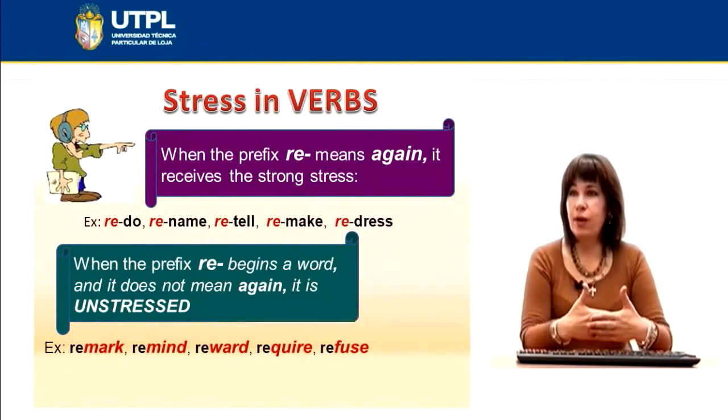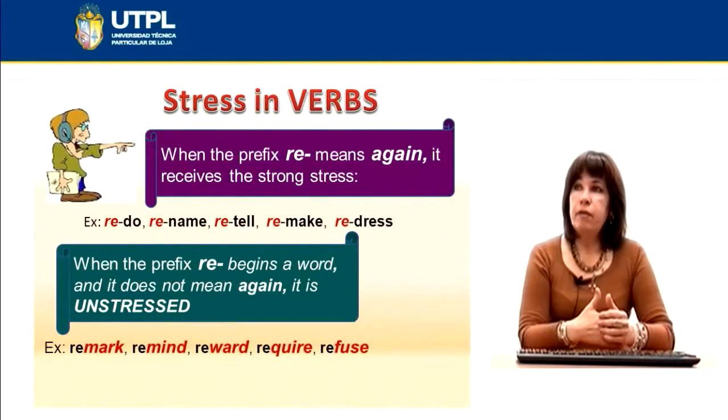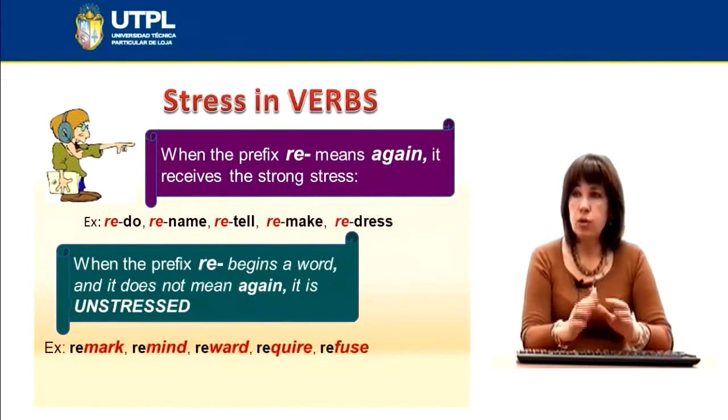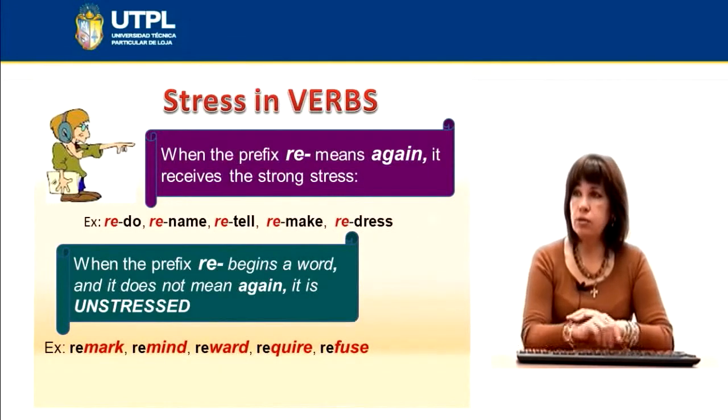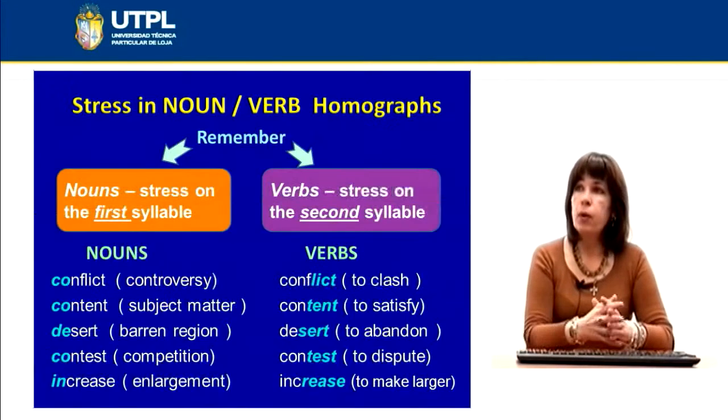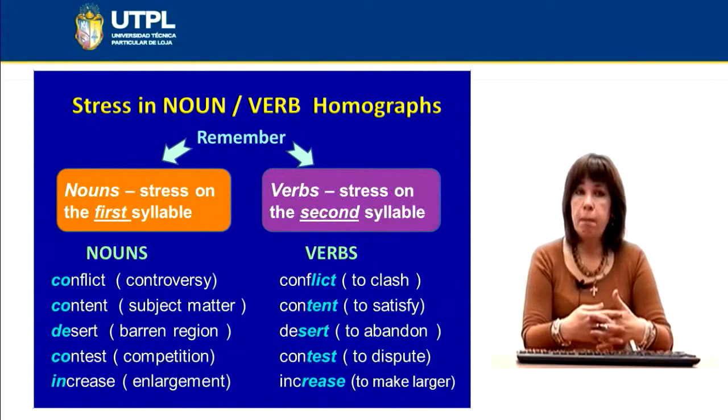So we have to follow the regular rule of stress placement in verbs, like remark. All two-syllable verbs should be stressed on the last syllable, like here, remark, remind. So the rule continues as I already explained at the beginning. Nouns and verbs that have the same written form but different meaning are called homographs.